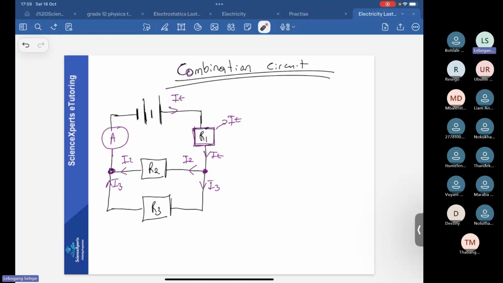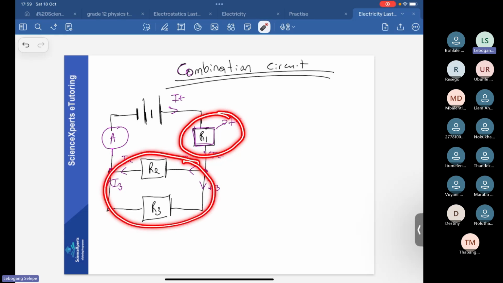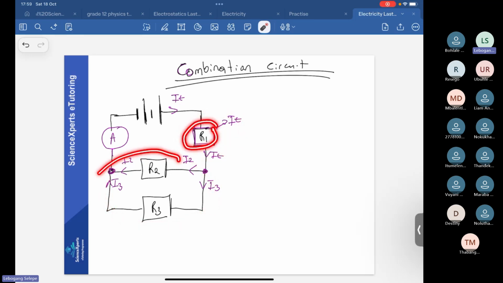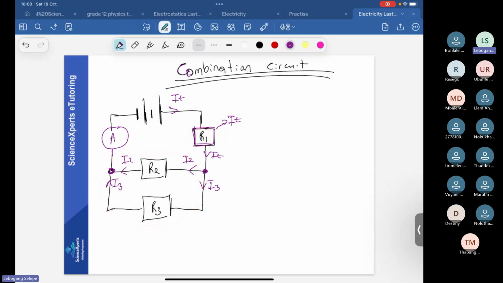So what else happens here in this combination circuit? This series resistor is in series with this one combined. So if I get the total resistance of this one, it's in series with this one. So therefore, voltage divides.